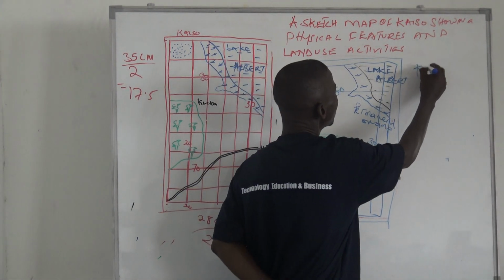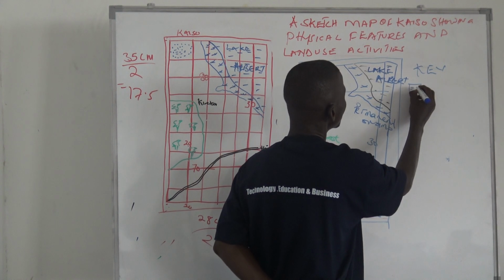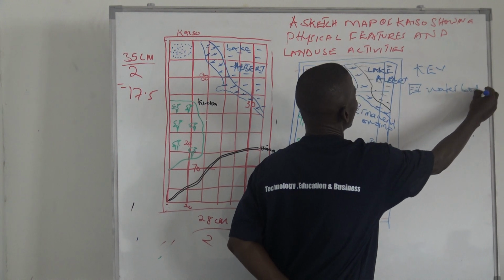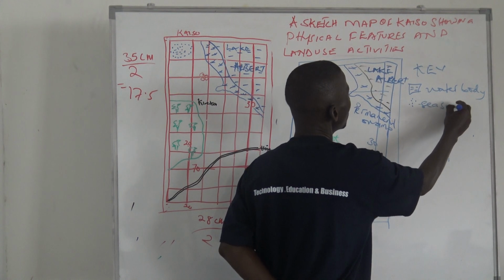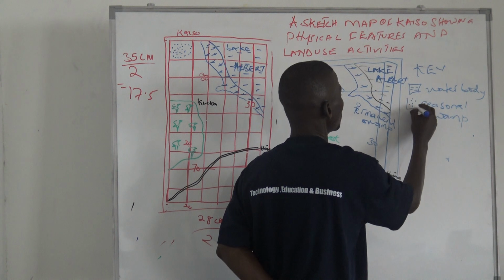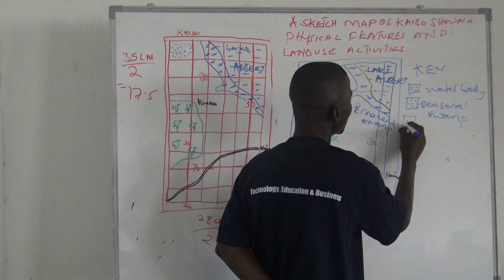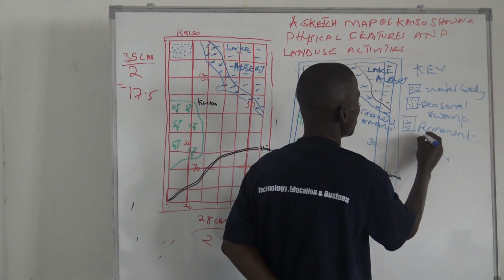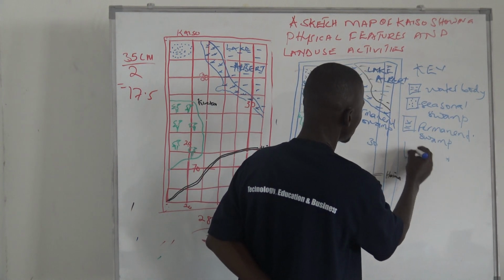Have a key as usual: the water body, the seasonal swamp, the permanent one, and the forest.